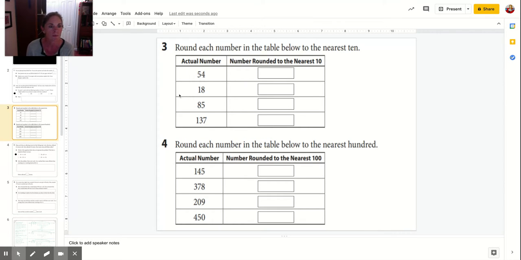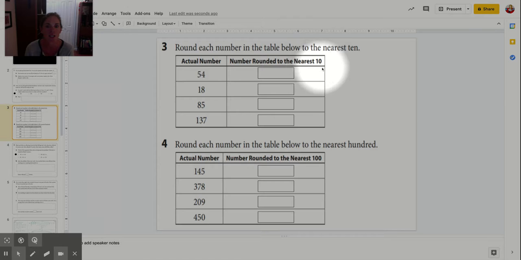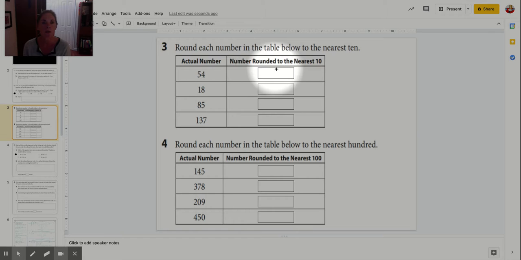Number 3, round each number in the table below to the nearest 10. So let's get that highlighter, nearest 10, okay? So the actual number 54, you're going to round that to the nearest 10.